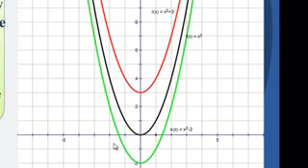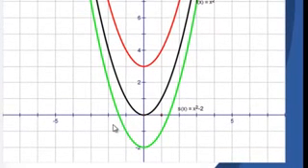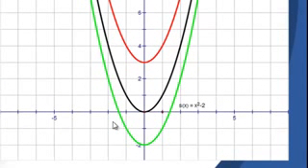So if we have this function s(x) = x squared minus 2, you see, because k is negative 2, we translated the parabola 2 units downward.